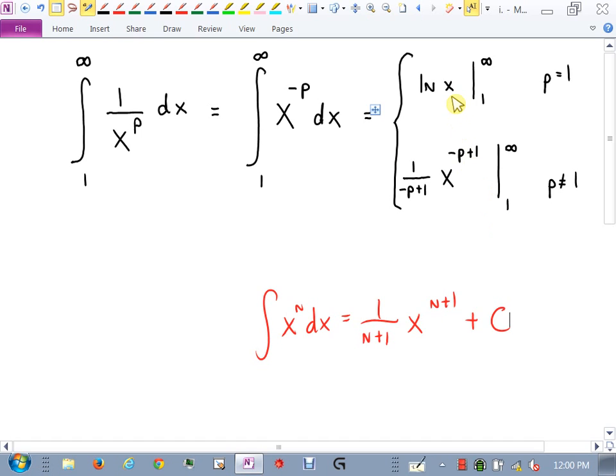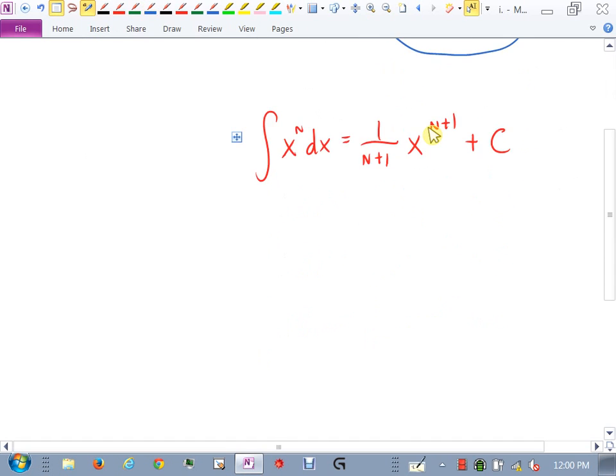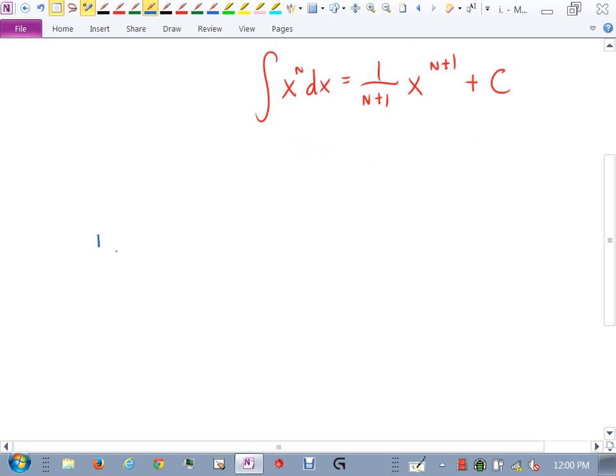We know that if p is 1, this diverges. If p is not 1, the question is, what does this do? So I need to go look at that right now. I'm going to take this part right here and investigate that for a second. I have 1 over negative p plus 1, x to the negative p plus 1, evaluating from 1 to infinity.